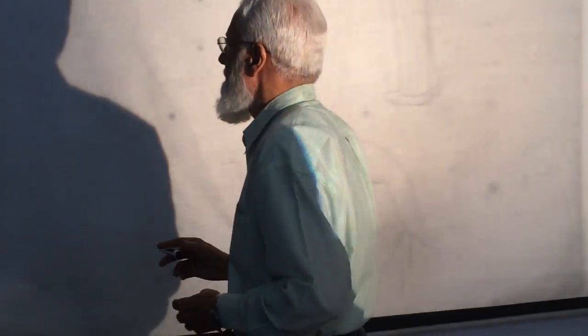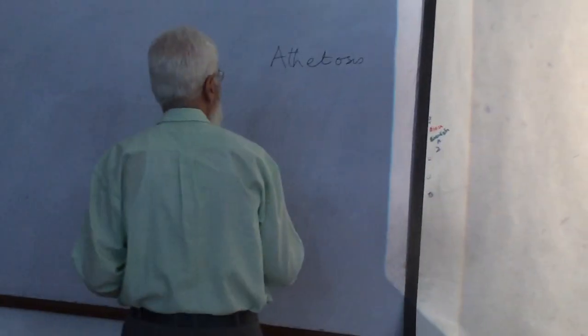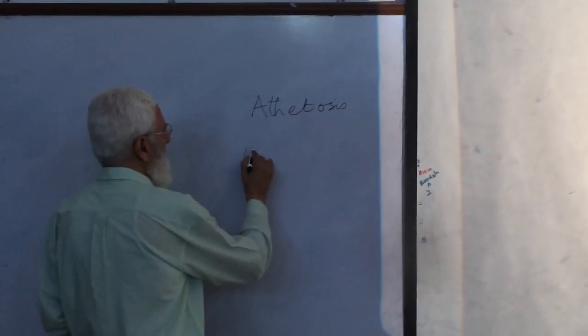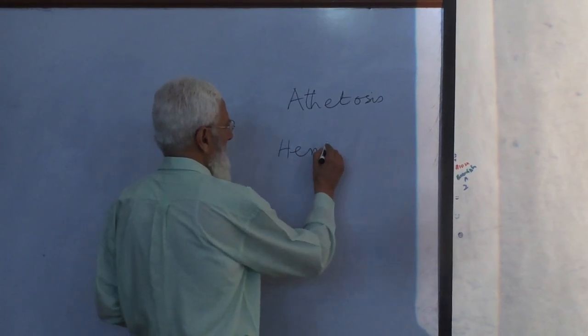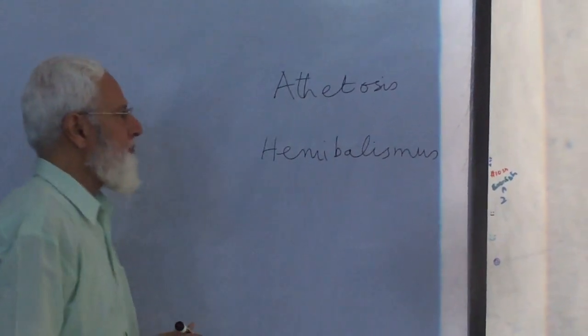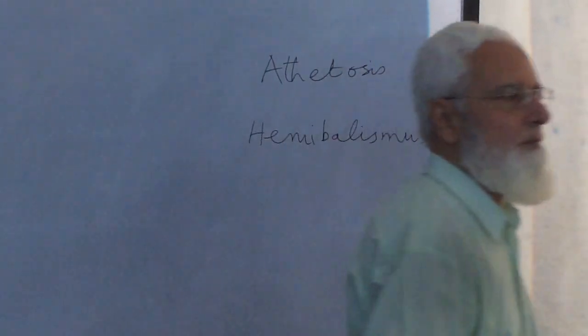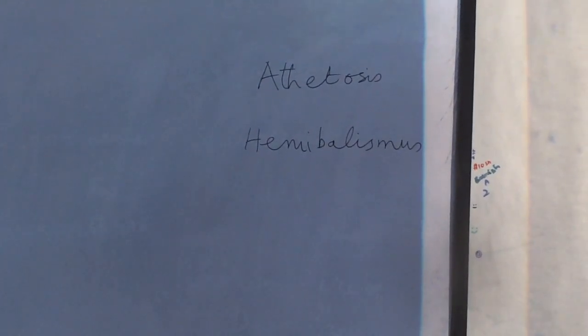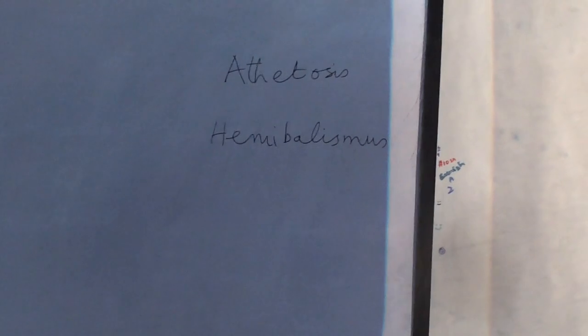The next disease of the basal ganglia is hemiballismus. Hemiballismus is a sudden, violent movement involving one limb or half of the body, or one side of the body.